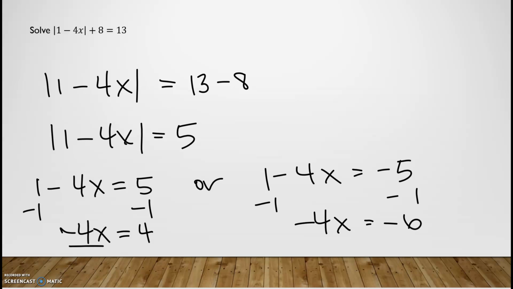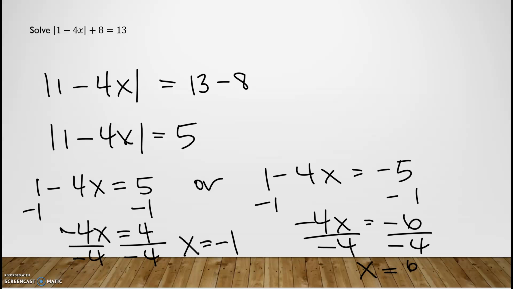Divide both sides by negative 4. Okay, so here I have, I'll write it right here, x is equal to negative 1. Here, I'll write down here first, 6 over 4, but I can take a 2 out of both of those. So that would be x is equal to 3 over 2.